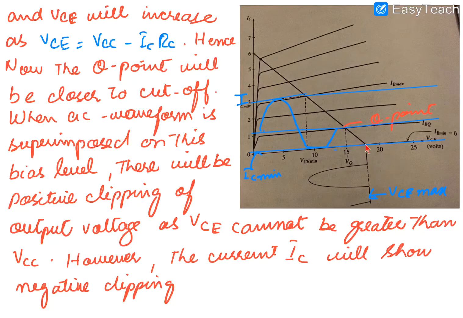This is the limit of VCE, which is equal to VCC, the biasing voltage. So VCE cannot be greater than the value of VCC and IC cannot be less than 0 amperes. That's why we have seen negative clipping in case of IC and positive clipping in case of VCE.